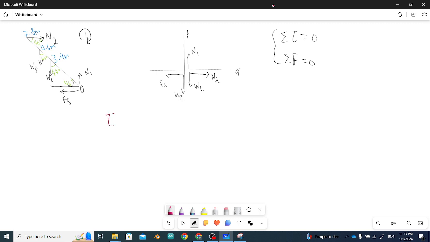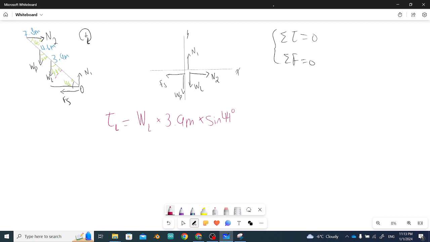So I'm just going to say torque of the ladder is equal to the force itself, so the weight of the ladder, times the distance from the origin, so here it is 3.9 meters, times, we need to find the perpendicular force. So we need to multiply that by sine of 44, since sine of 44 would be this perpendicular force. So it's not the force itself, but the perpendicular force.